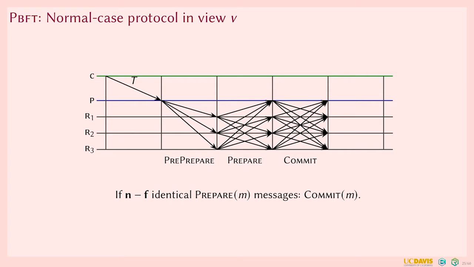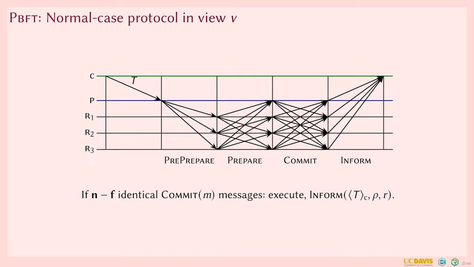And if a replica gets enough commit messages from other replicas confirming that they made the same decision as the replica itself, then the replica will execute and inform the client. And also here we use an n minus f threshold, which basically specifies the number of replicas minus the number of faulty replicas, because that is the maximum number of people that can agree in the worst case.